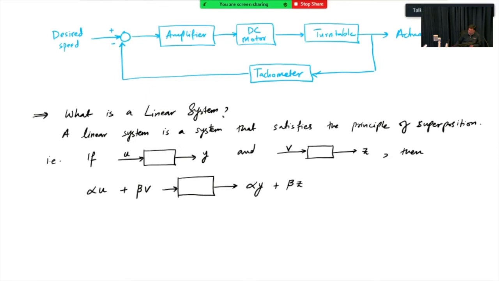So if u generates y and v generates z, then alpha u plus beta v will generate an output which is alpha y plus beta z, for any real alpha and beta. Right, so that's a very simple definition of a linear system.